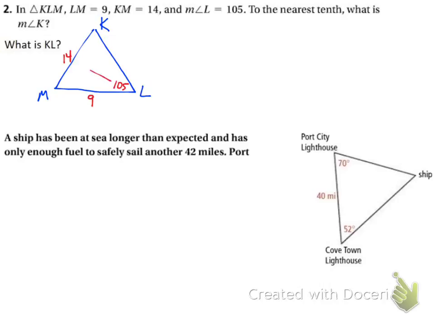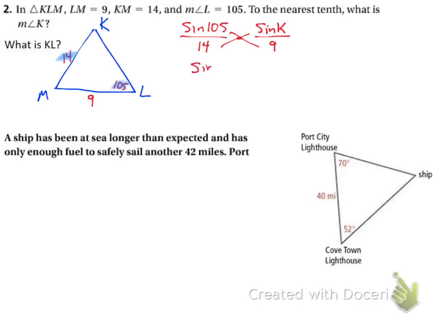So again, I'm going to use these because these guys are across from each other. I'm going to use these two as one side of my proportion. So sine of 105 over top of 14 is equal to sine of K, looks like sine, over top of 9. Do the same thing, cross multiply.